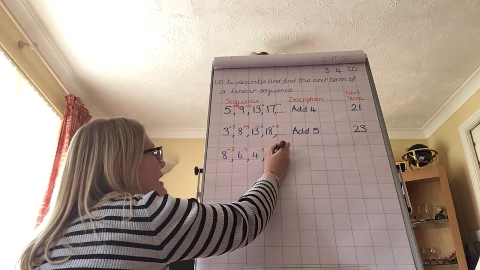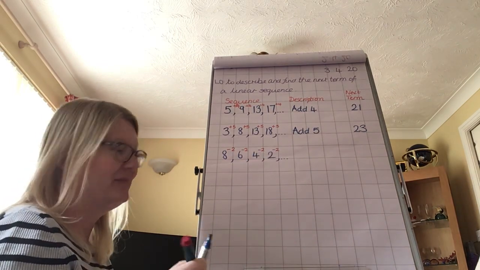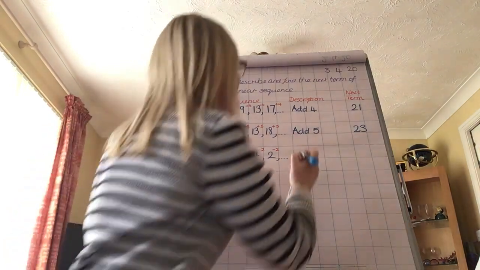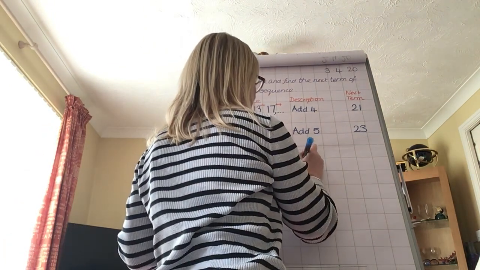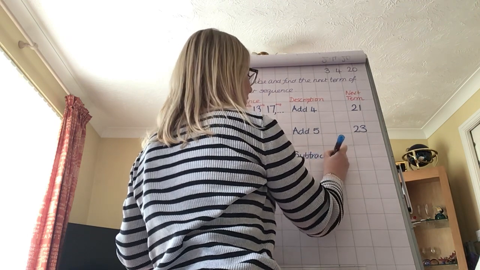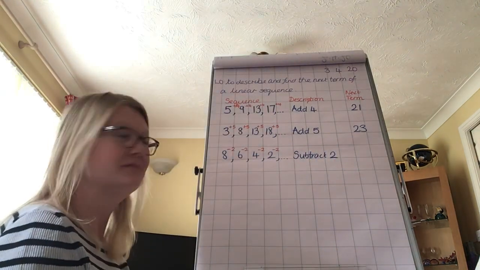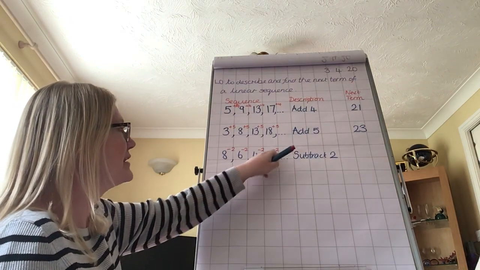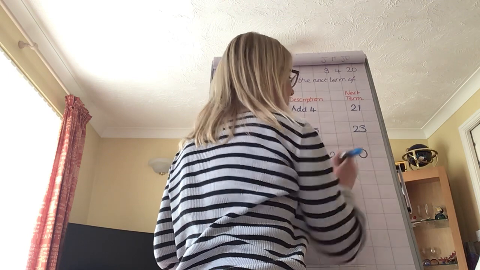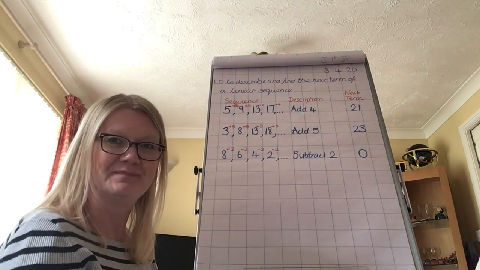And the next thing we would have to do is subtract 2 again. Okay? So our description, we can sum up again in 2 words. Subtract 2. To get to our next term, subtract 2 is going to leave me 0.